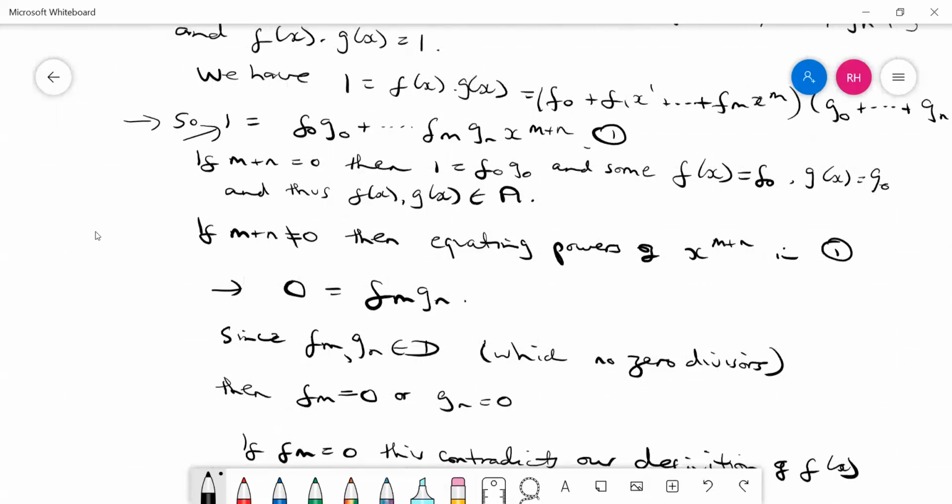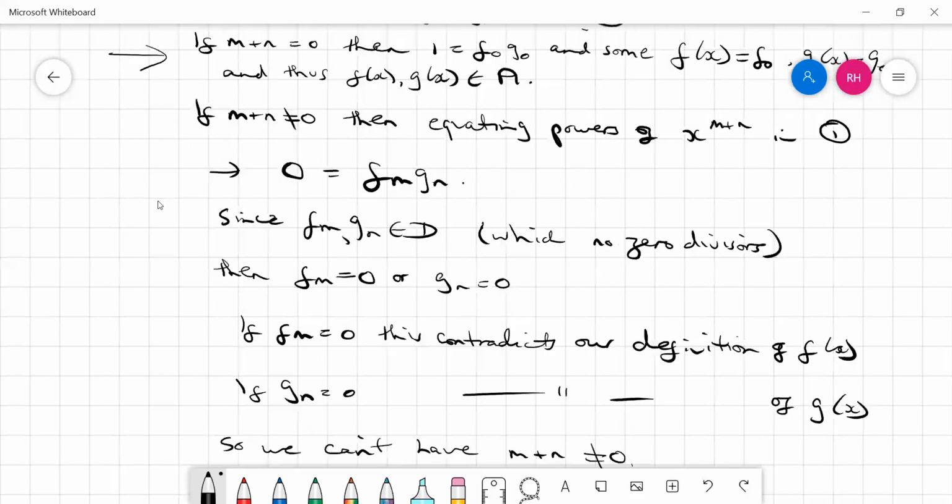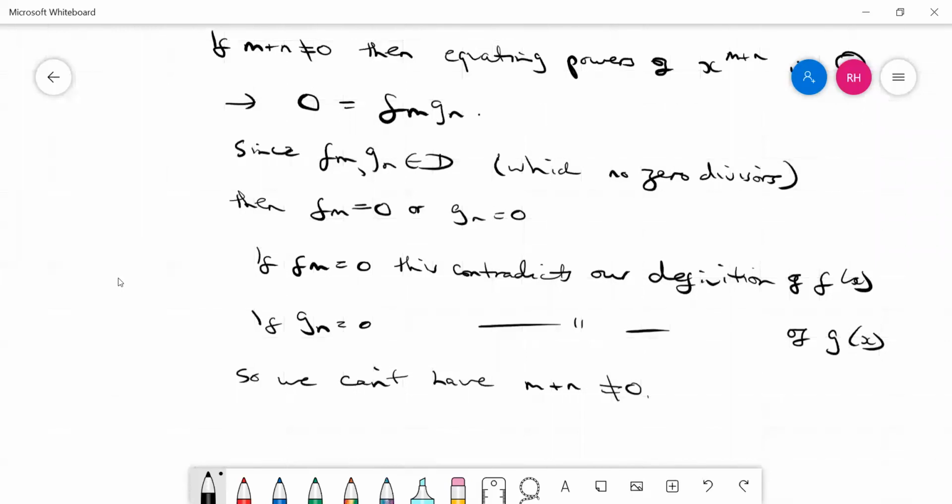If the sum of the degrees of f and g is equal to 0, then we see that both f and g, and in particular f(x), is an element of D, and it's a unit, so therefore it's an element of A. And then we showed that if m plus n does not equal 0, we get a contradiction. So we can't have m plus n not equaling 0.